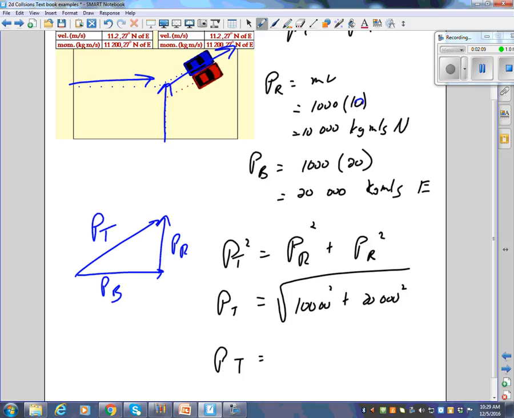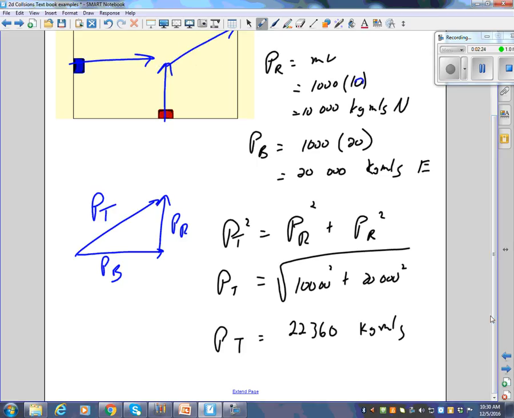I get 22,360, and that's going to be kilogram meters per second. So that's the total momentum.